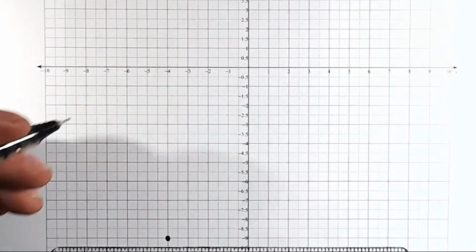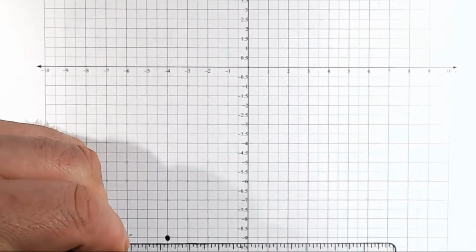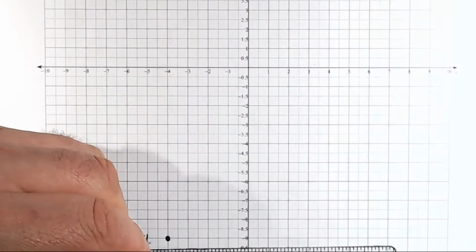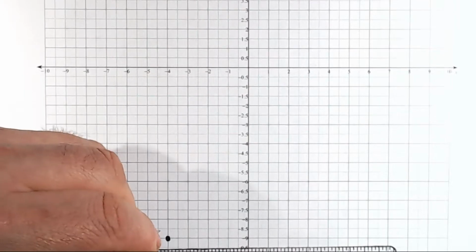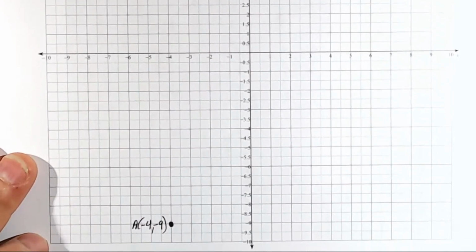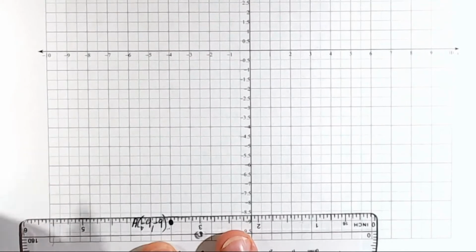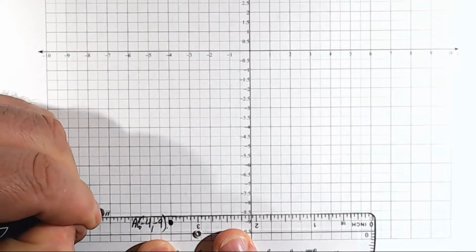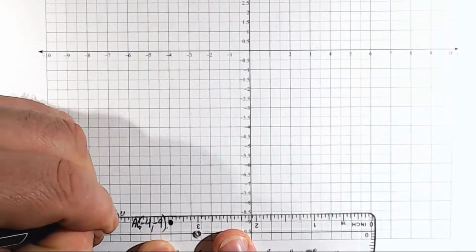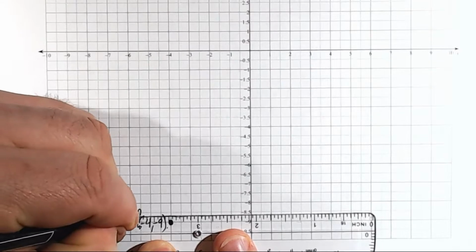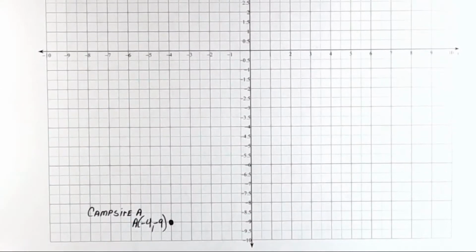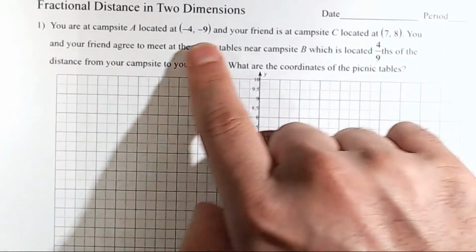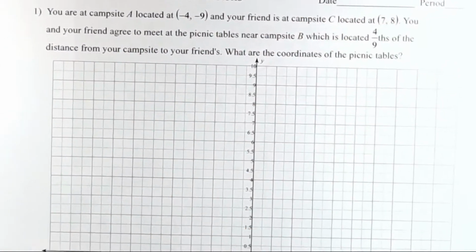We'll call this A, open parentheses, -4, -9, close parentheses. And when we're dealing with these word type problems, it's fun to label the points. This is campsite A, your campsite. So we've labeled campsite A, and now we're going to travel to campsite C, which is located at 7, 8.